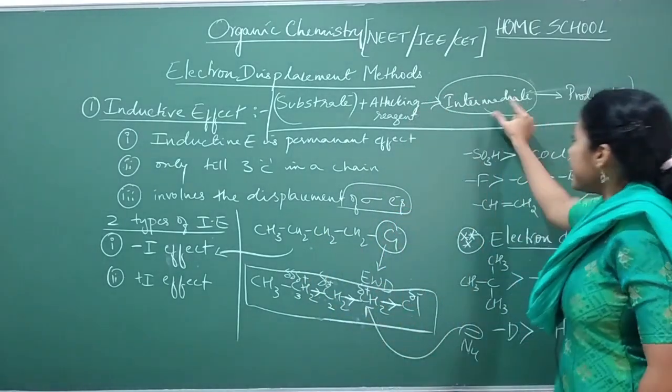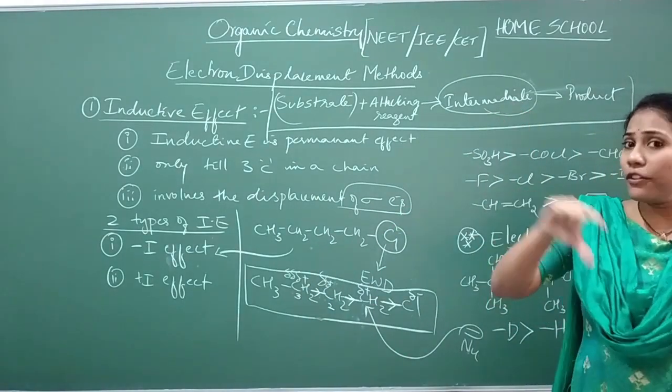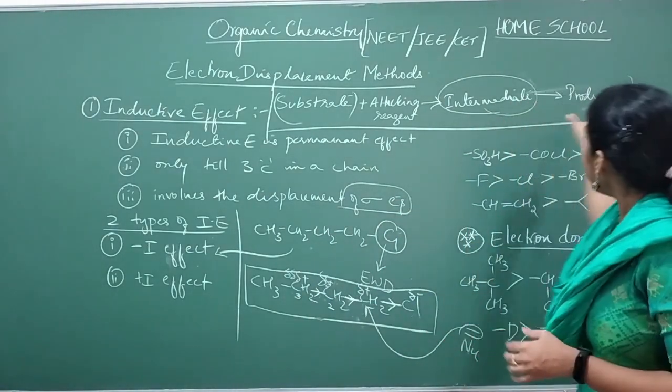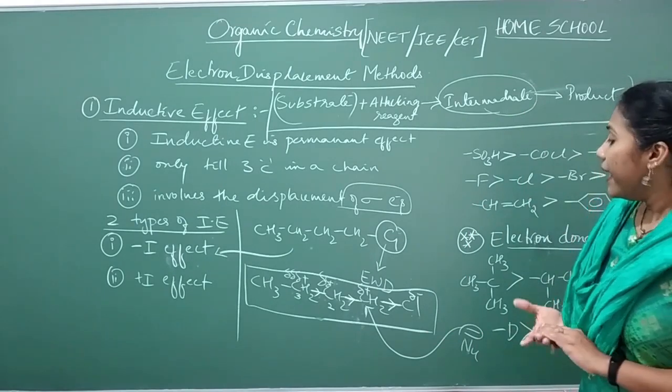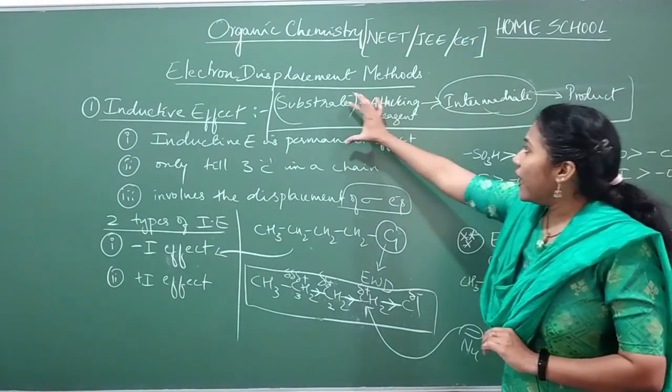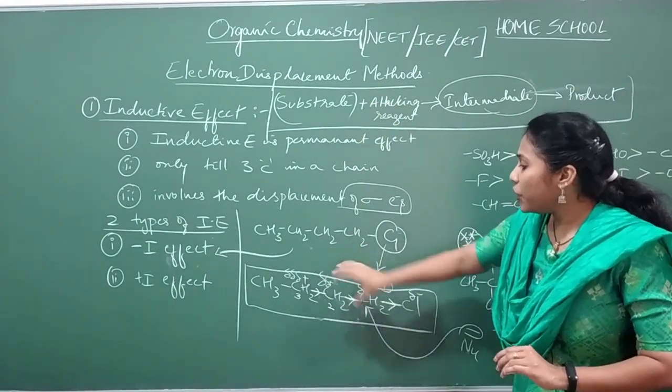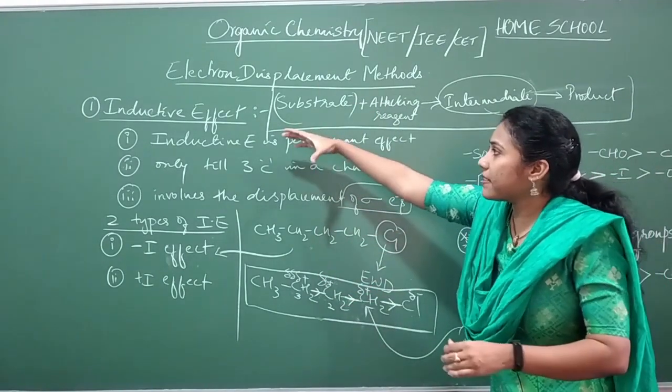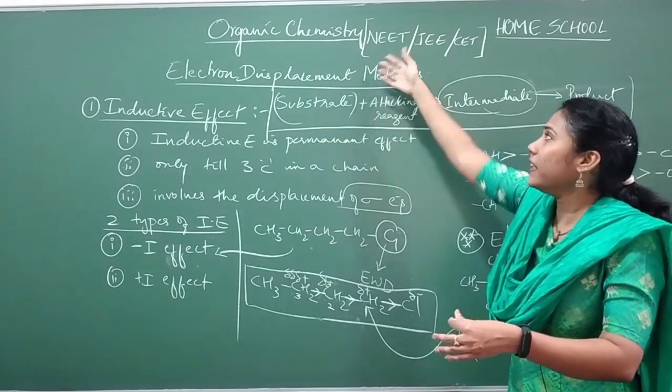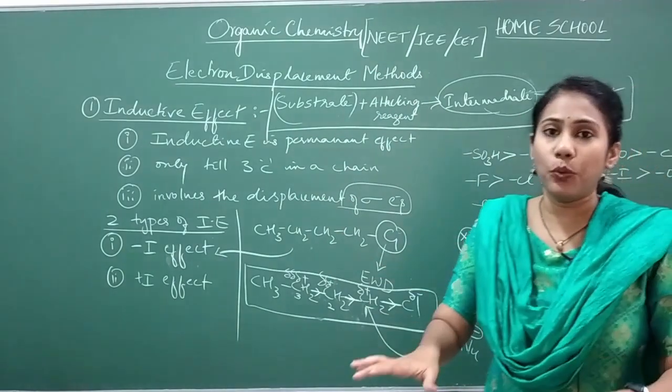This intermediate again undergoes certain change to give a final product. And as I told you, to understand our substrate's nature, the inductive effect or any electron displacement method is important to understand.